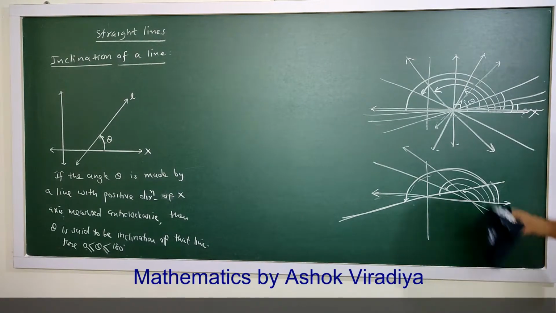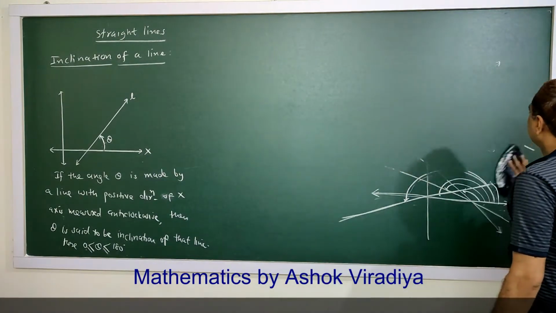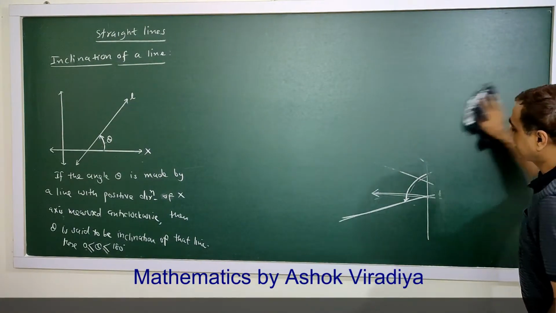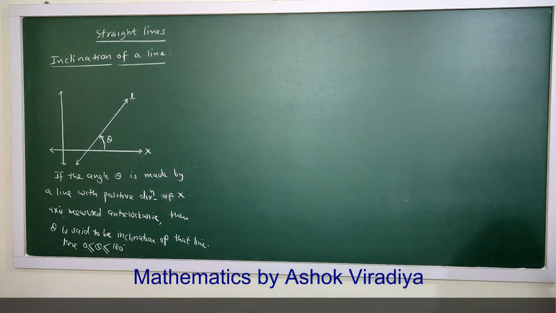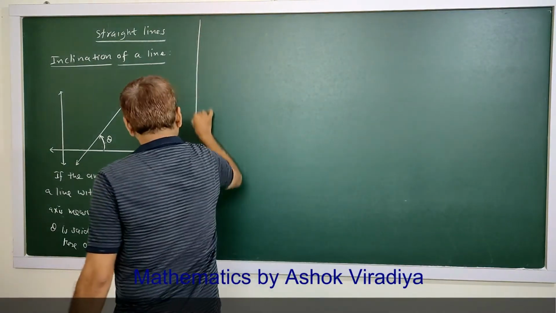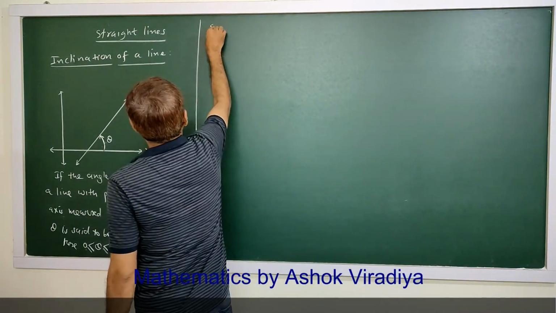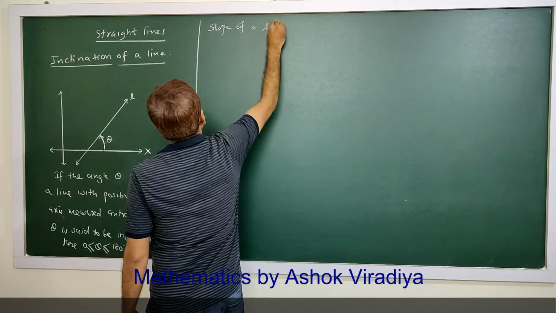Now, using the inclination of a line, we can find the slope of the line. So the next topic is slope of a line.